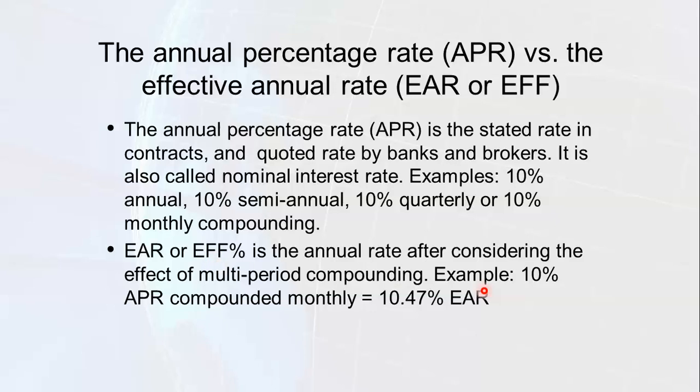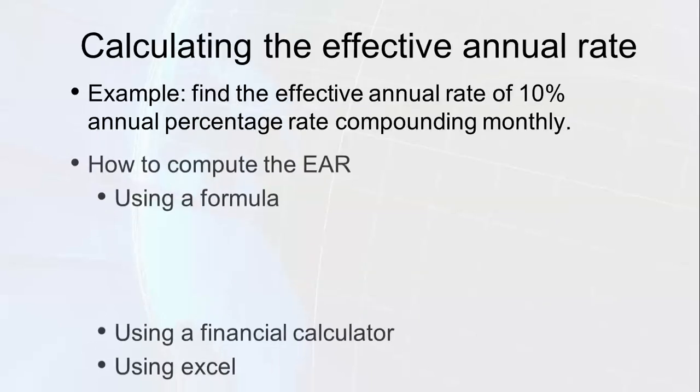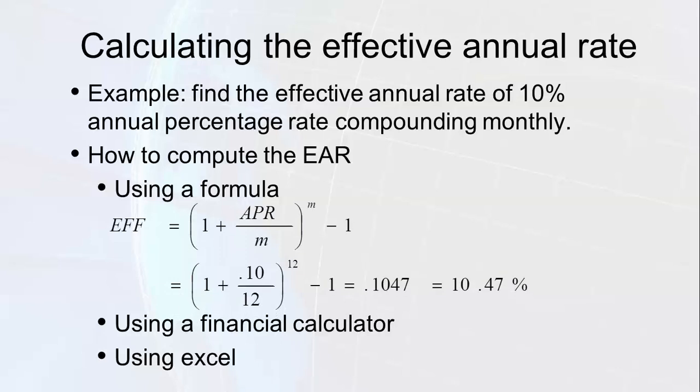Okay, so to summarize here, effective annual rate is the rate of return after considering the effect of compounding. So how to compute effective annual rate? Let's look at this example. Find the effective annual rate of 10% annual percentage rate compounding monthly.